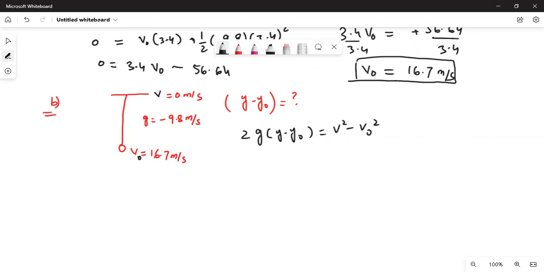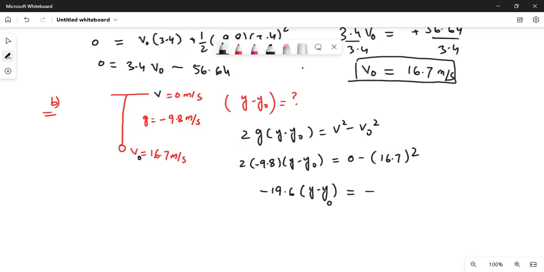So this one is 2 times negative 9.8 times y minus y naught is equal to V squared, which is 0, minus V naught, which is 16.7 squared. When you multiply, this is negative 19.6 times y minus y naught. And what is the square, by the way?